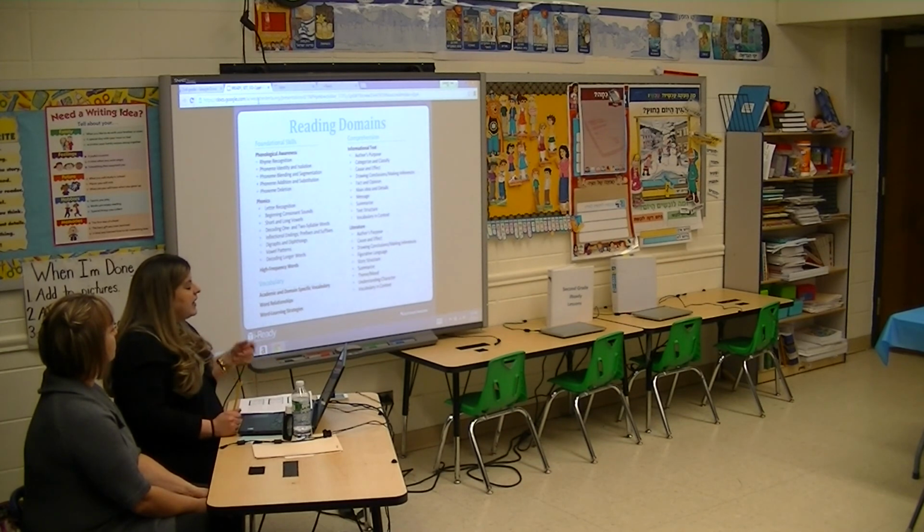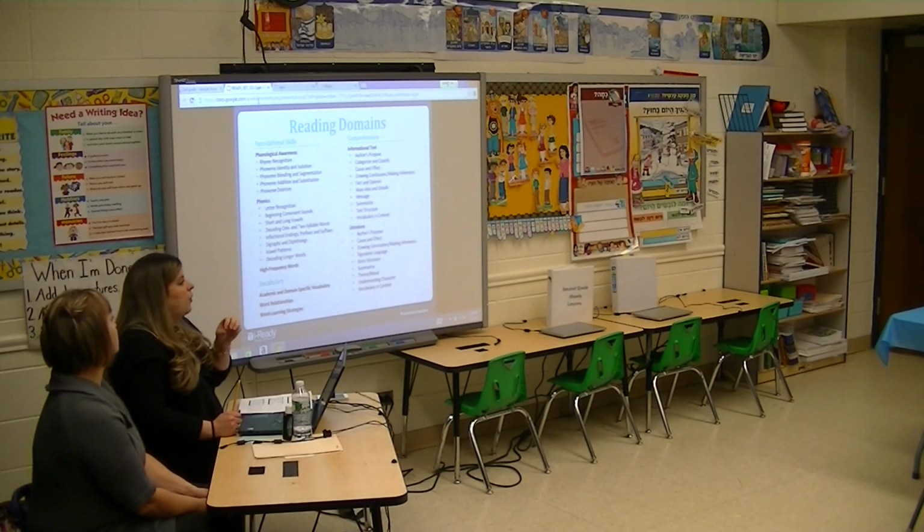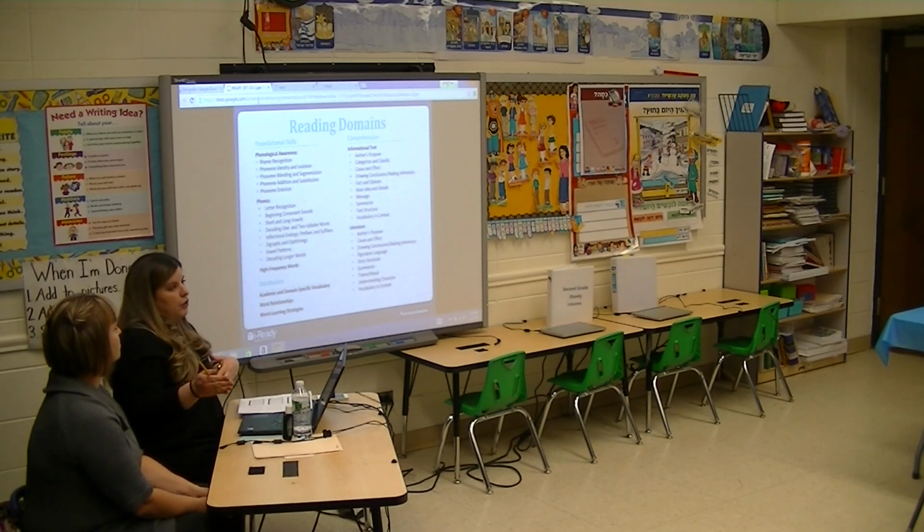So the idea of iReady is to really target those deficiencies down to sub-skill. So when we say sub-skill, what it's doing is focusing on all the strengths, what the child could do, and providing online and within our small groups challenges, enrichment. And then it's also targeting what areas are weaknesses.